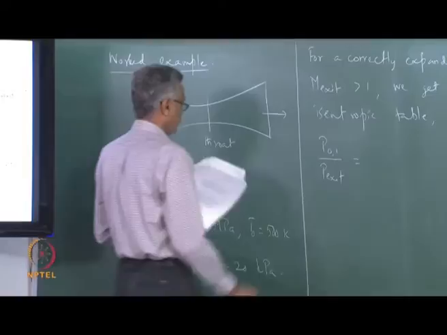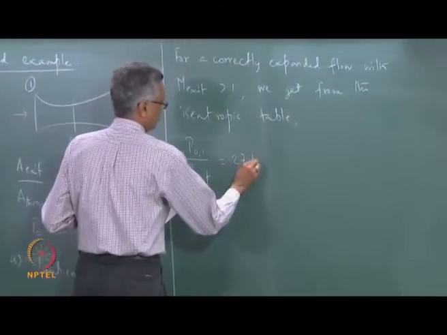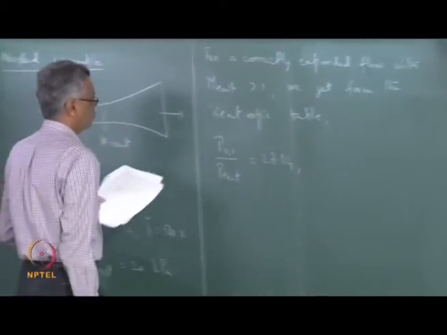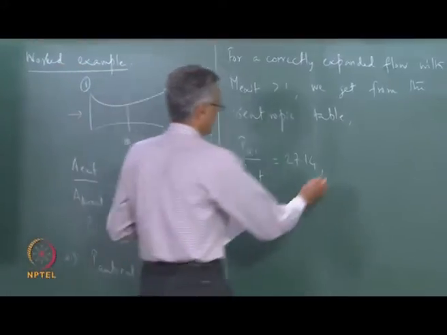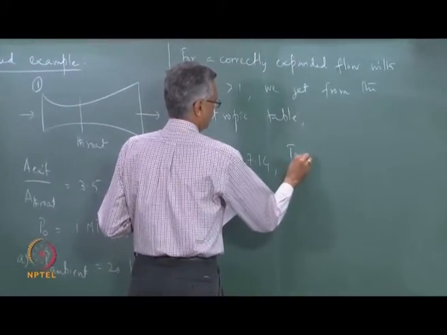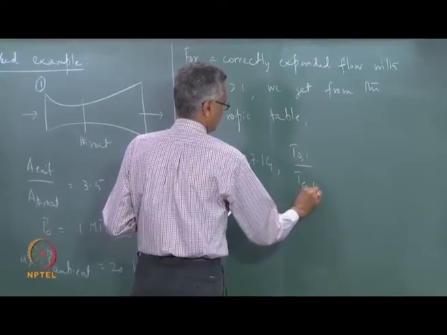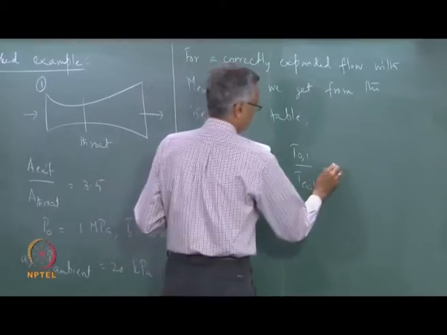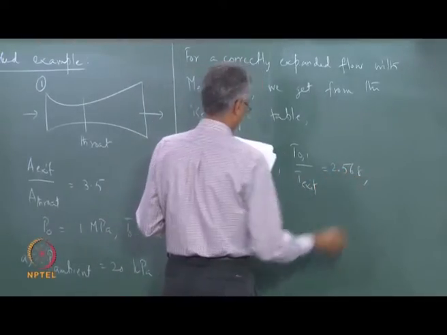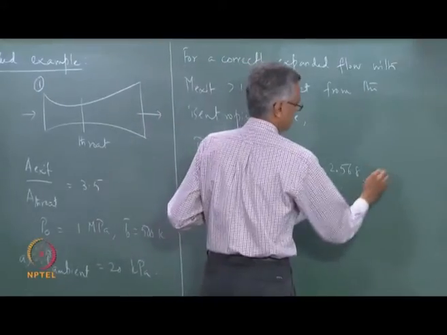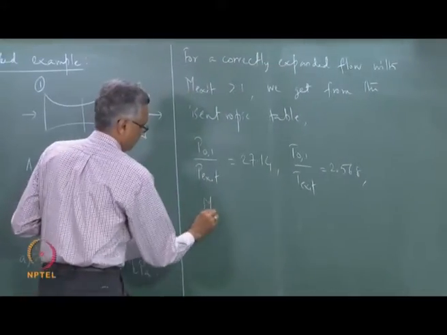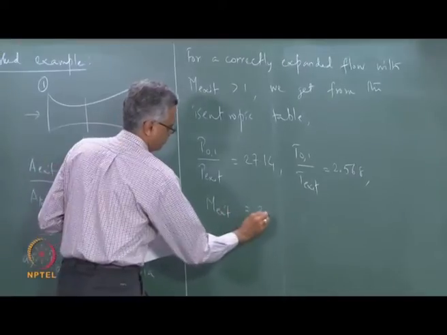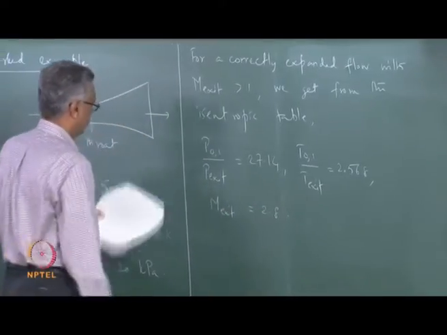So, P01 over P exit is 27.14 corresponding to supersonic exit Mach number, and T01 over T exit to be 2.568 and M exit is equal to 2.8.